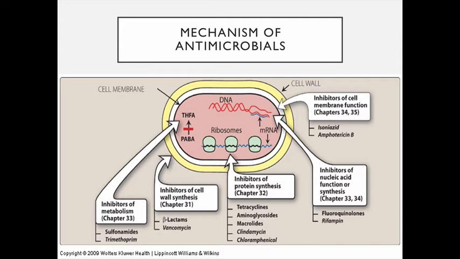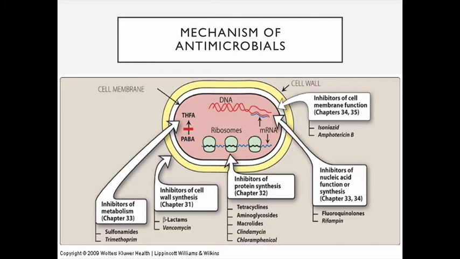Protein synthesis happens in a multiple step process, which allows for slightly different mechanisms of action of this group of protein synthesis inhibitors. So tetracyclines, aminoglycosides, macrolides, clindamycin, chloramphenicol, they all are protein synthesis inhibitors, but they inhibit the synthesis of protein in a little bit of a different way.